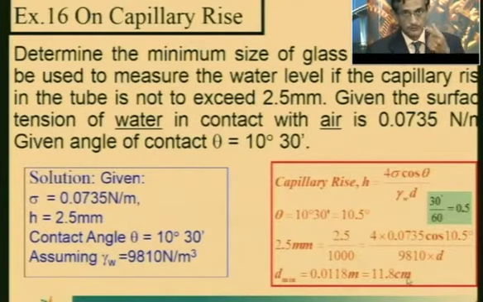So, if you use a tube of 11.8 centimeter diameter, the capillary rise will be maximum 2.5 mm.